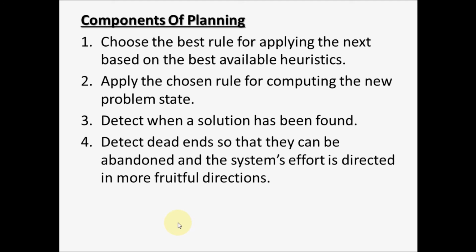The fourth component of planning: detect dead ends so that they can be abandoned and the system's effort is directed in more fruitful directions. As you go on choosing the actions, you can visualize it as a tree. Every action that you take takes you from the parent node to the child node, and whenever you are at a particular node, you will have multiple actions that you can take.